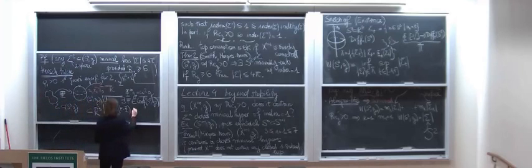So these satisfy, they are such that for any i between 1 and 3, the integral of phi 1 times Fi is equal to 0.